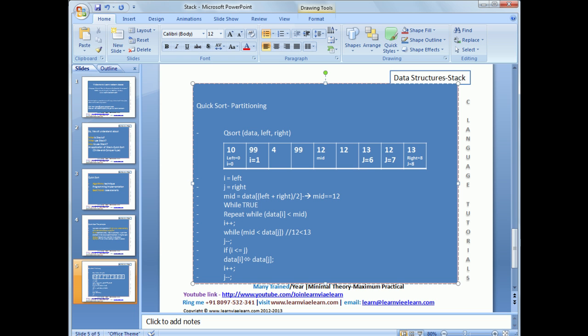So the main idea behind quick sort is to take a pivot element and see if the element on the left side is lower than the pivot element, and see if the element on the right side is greater than the pivot element.